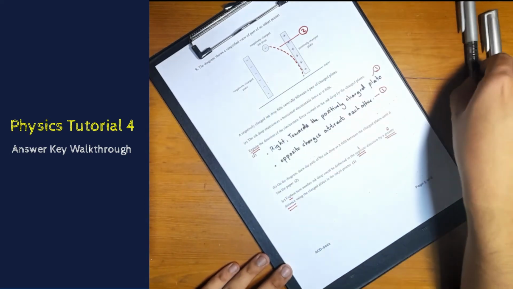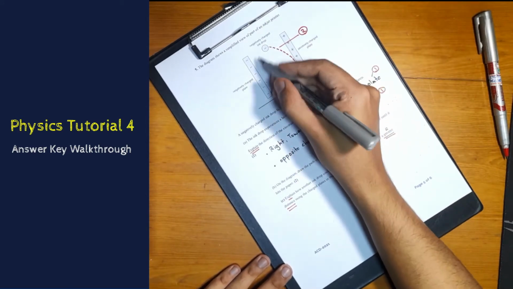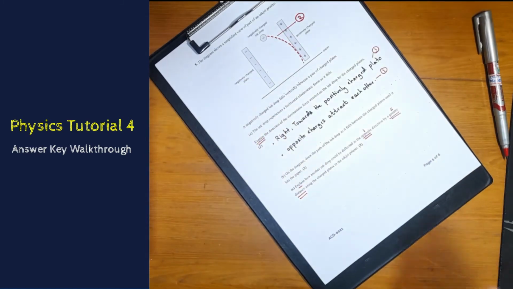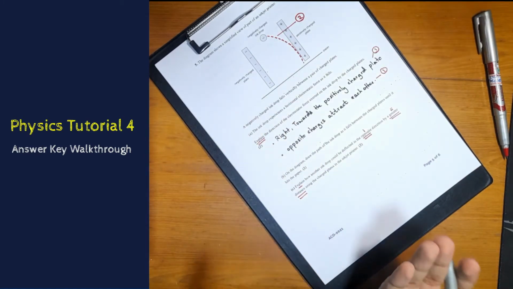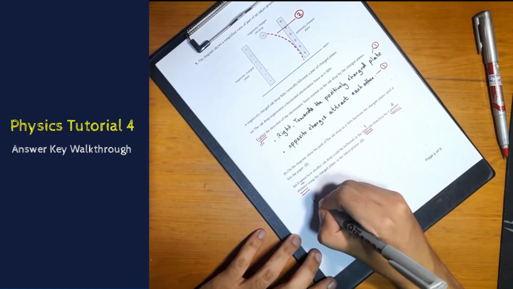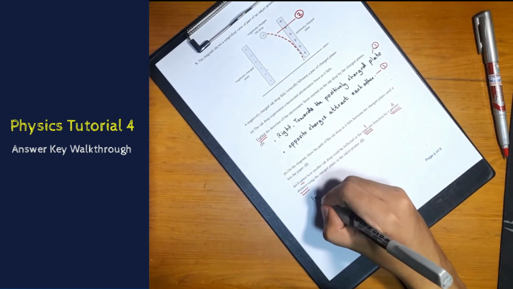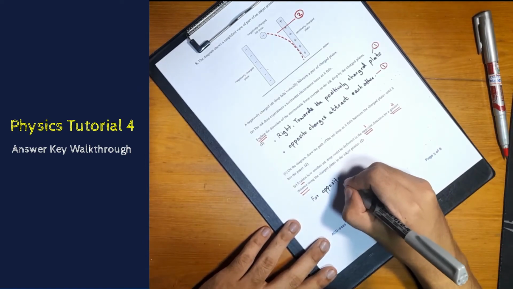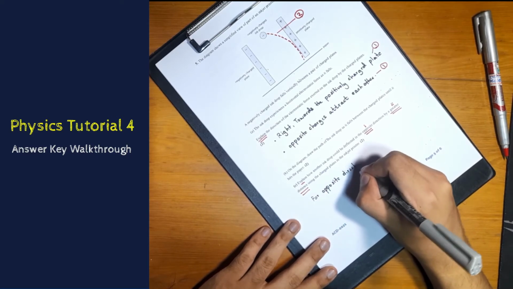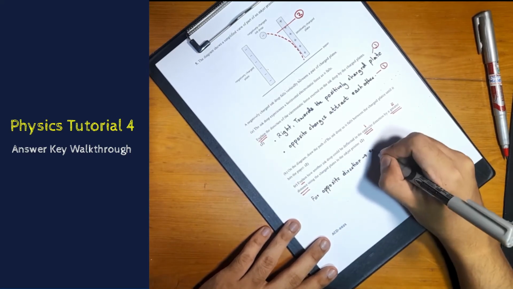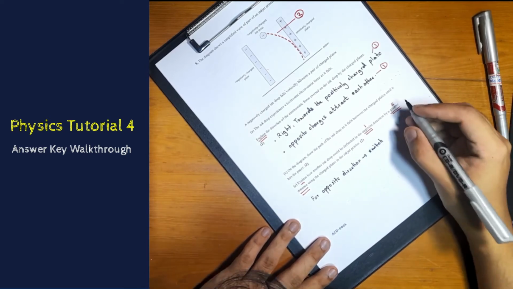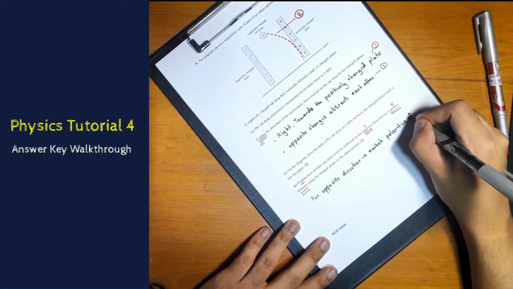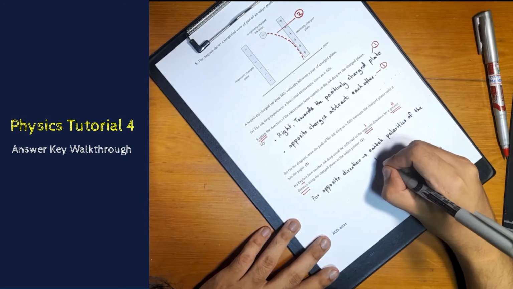If we're curving to the right and we want to curve it to the left, which is the opposite direction, we can change the polarity of the plates, meaning we can switch the positive and negative, so switch the polarities of the plates.